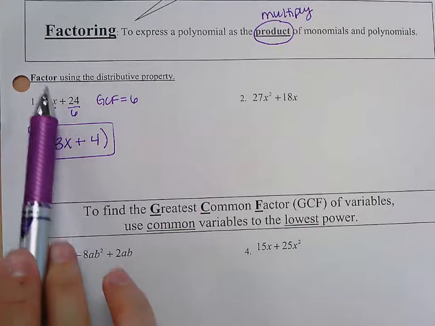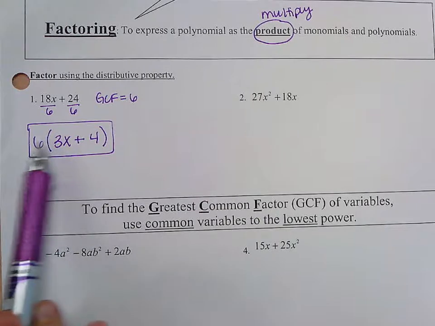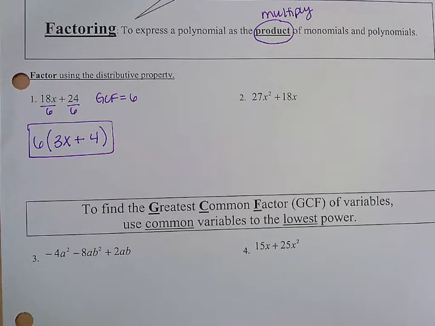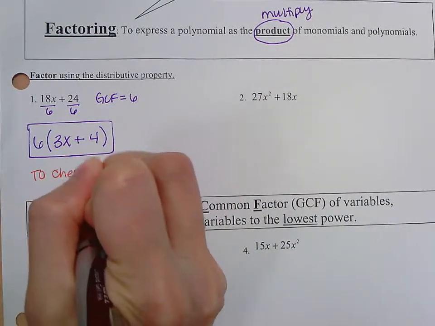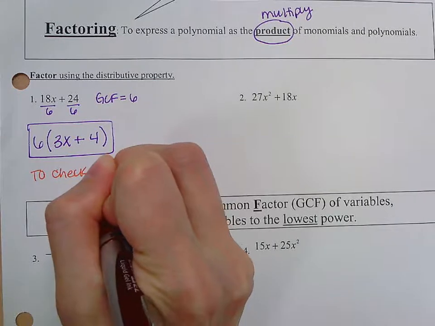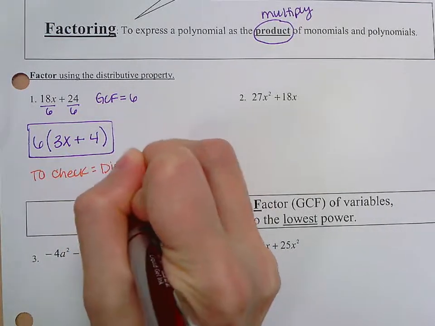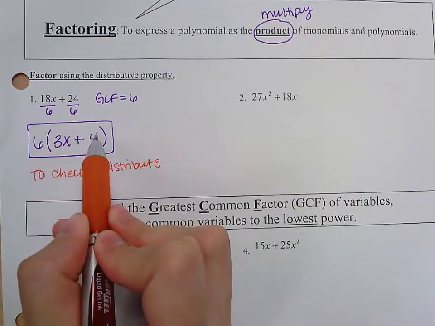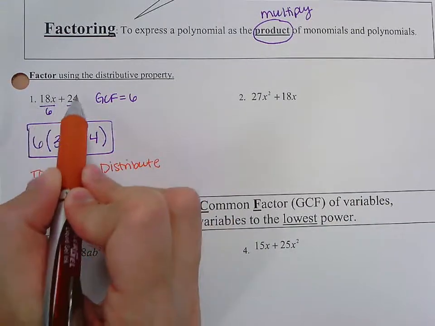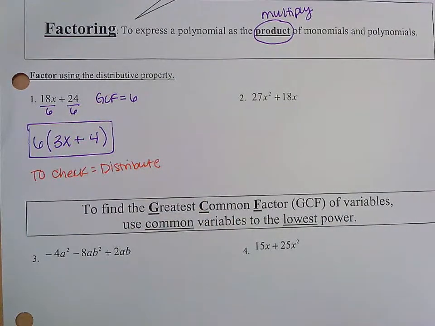When you factor, how could I check that this is right? Any ideas, Casey? I could distribute. I could do the reverse. So you can check your answers when you factor. So to check, that means I can distribute. If I distribute the 6, I should get what I started with as my answer.